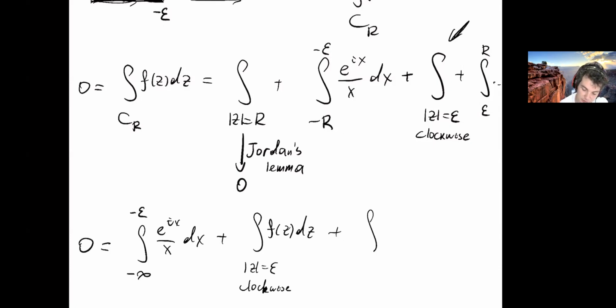And this final integral will be from epsilon to infinity. So any questions so far? I'll now take the limit as epsilon goes to 0. But if you have any questions about eliminating r, okay, one thumbs up.